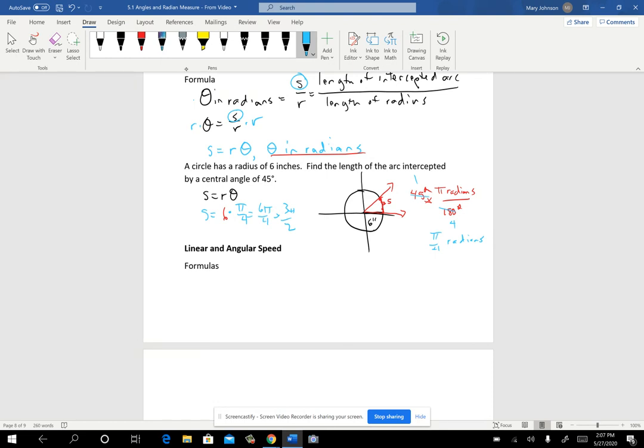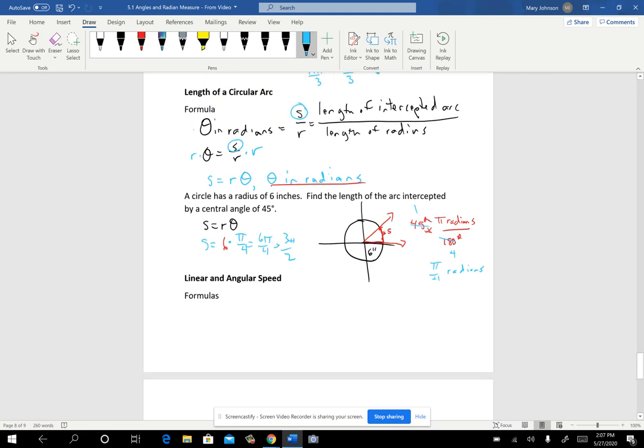I know we say radians there, but since theta in radians is the length of the arc divided by the length of the radius, your units are actually completely canceled out, and so you wind up having a unitless quantity. And so this 6 being in inches is why this turns out to be 3 pi over 2 inches.